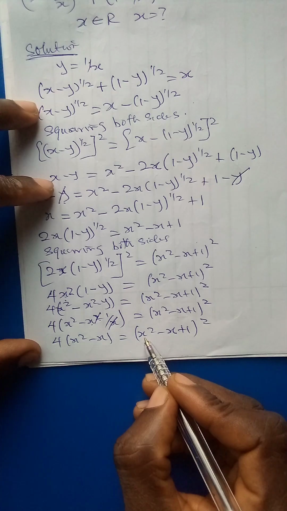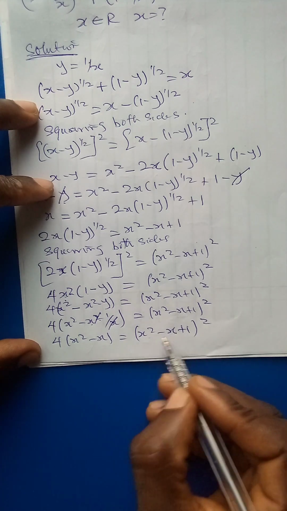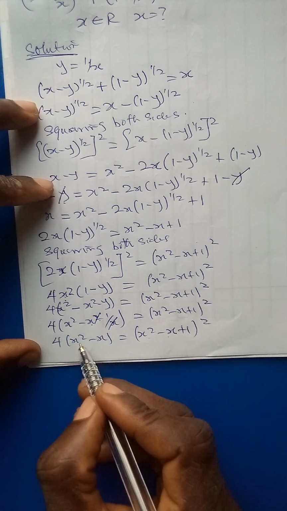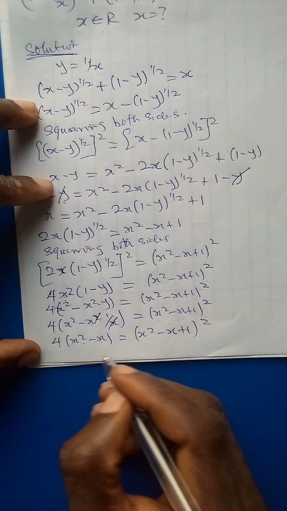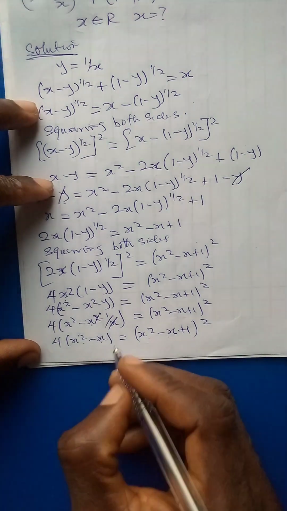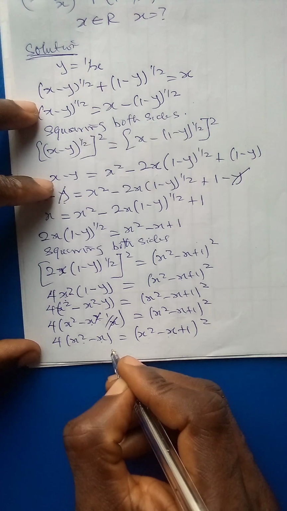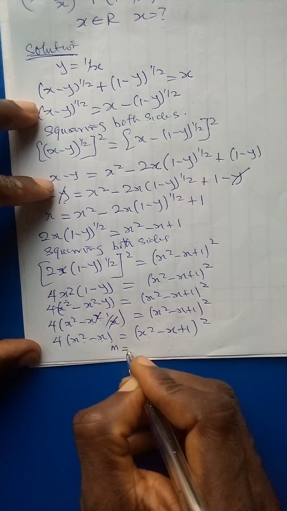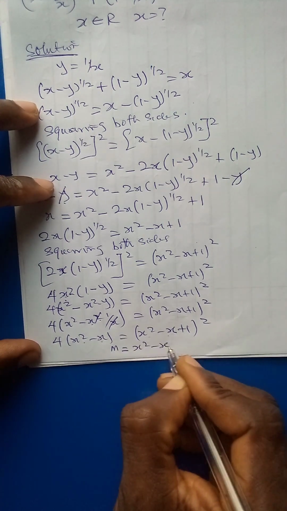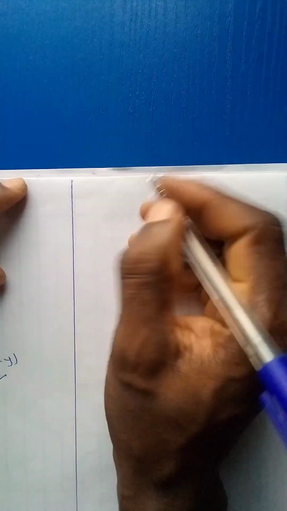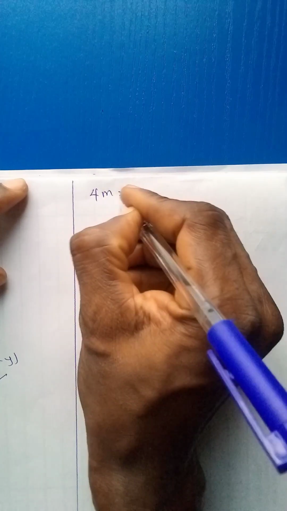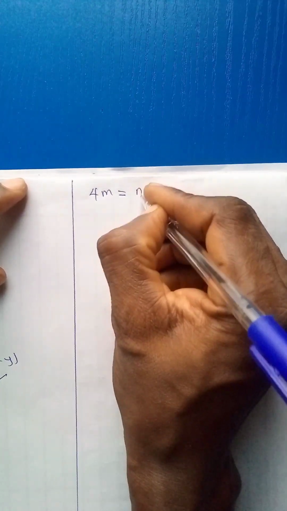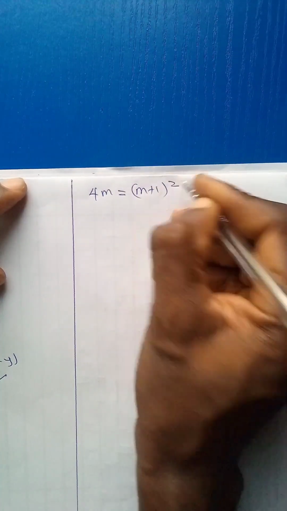Now we see the first two terms in the right hand side are equal to these two terms. So I'll make another substitution: I'm going to let m equals x squared minus x. Now, having done that, I have 4m is equal to (m plus 1) raised to power 2.